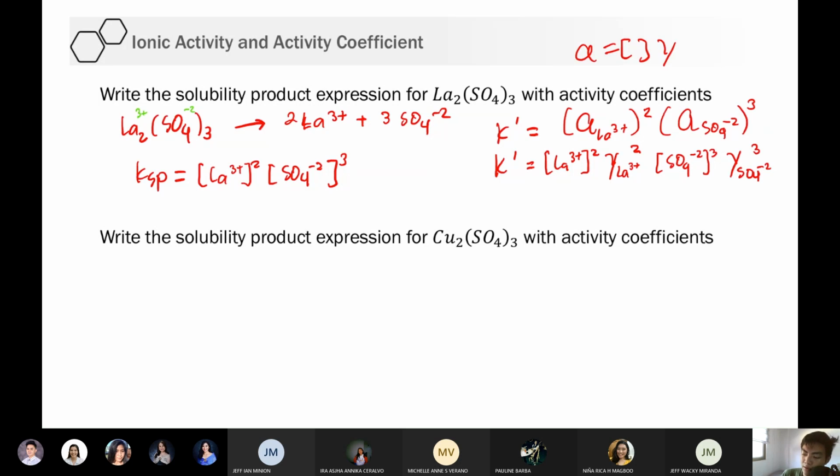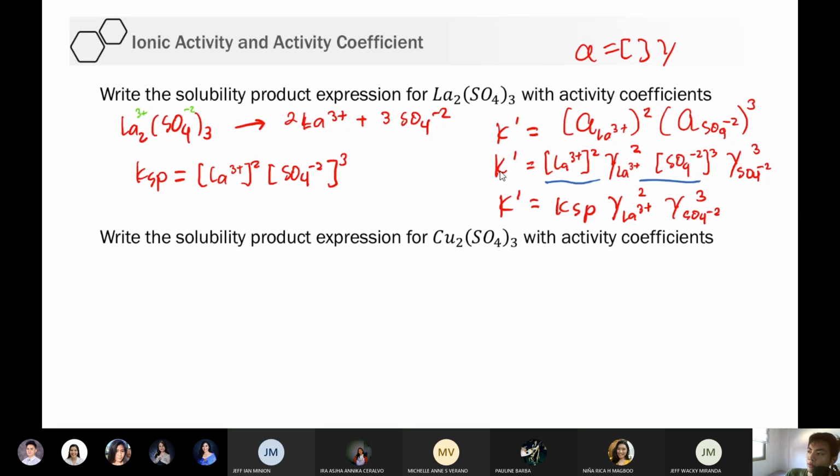If we combine the concentrations, we can rewrite this equation as K prime equals KSP times the gamma of lanthanum 3 plus squared and the gamma of sulfate ion cubed.